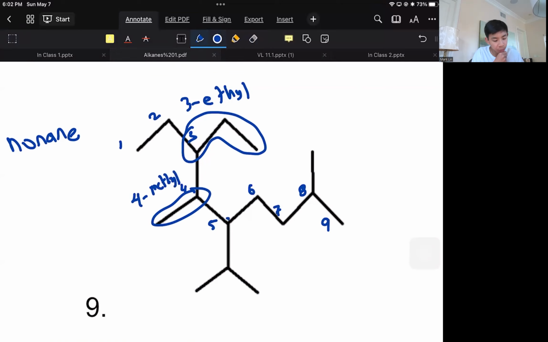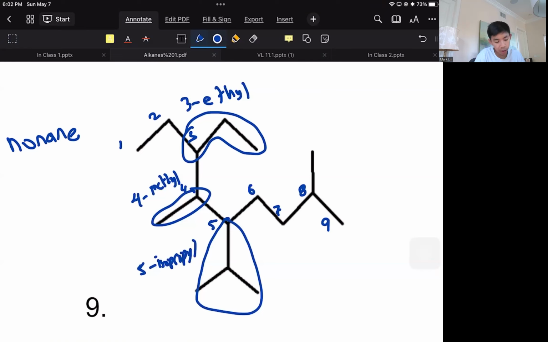Then our five, this is our most complicated one. One, two, three, four, five. We want our most complicated one to come first, right? So there's going to be a five isopropyl.